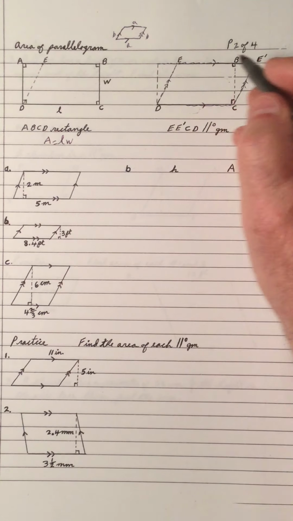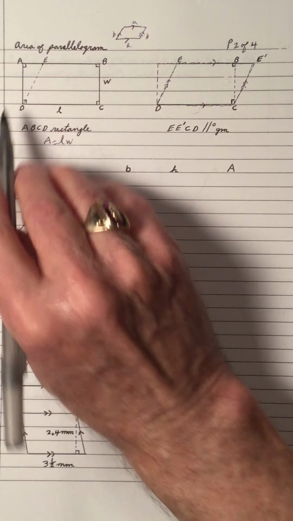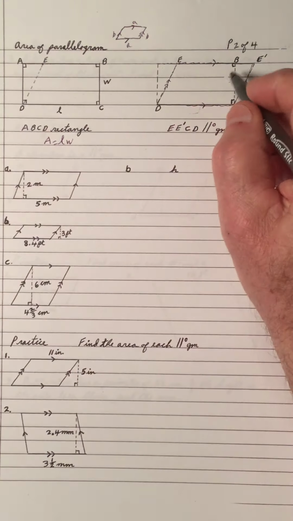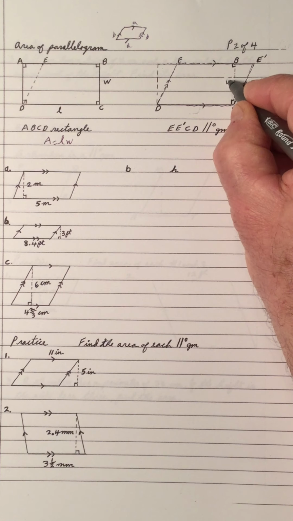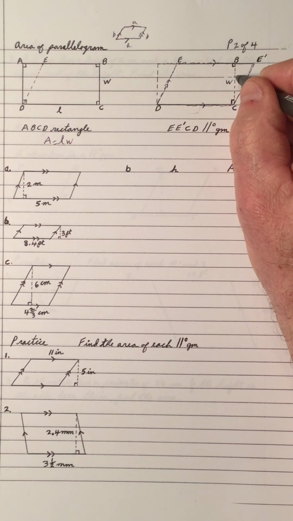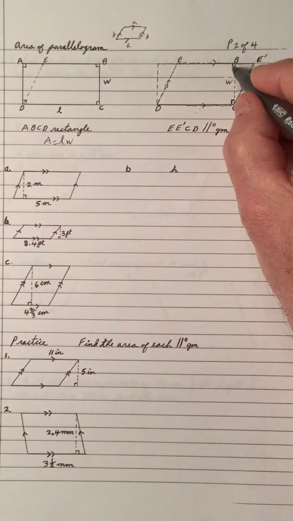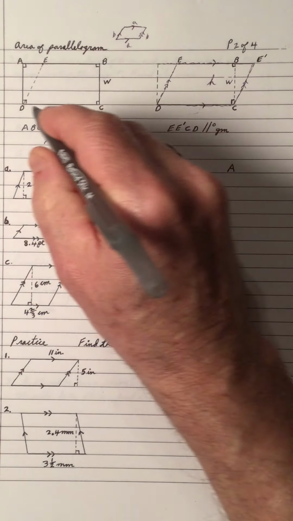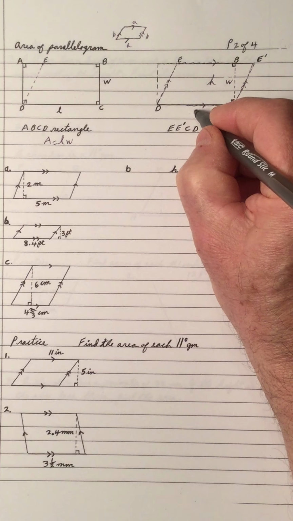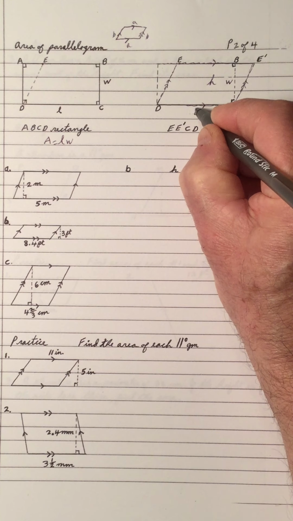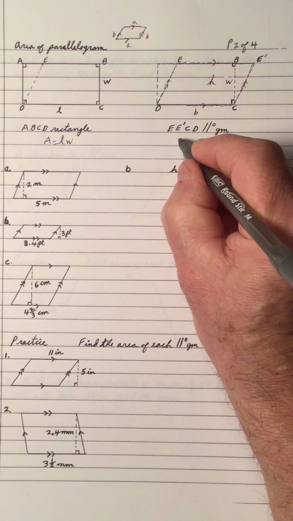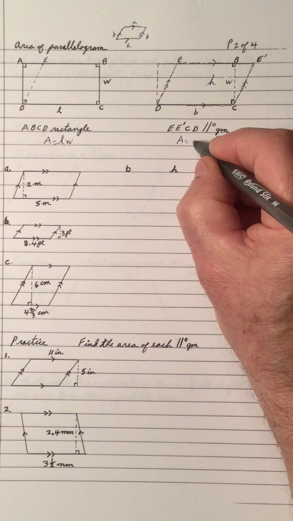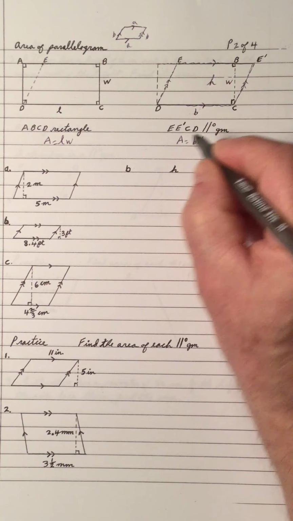But what happens is that AD, the width of the rectangle, now becomes the height of the parallelogram, and the length of the rectangle becomes the base of the parallelogram, because the formula for a parallelogram is base times height.